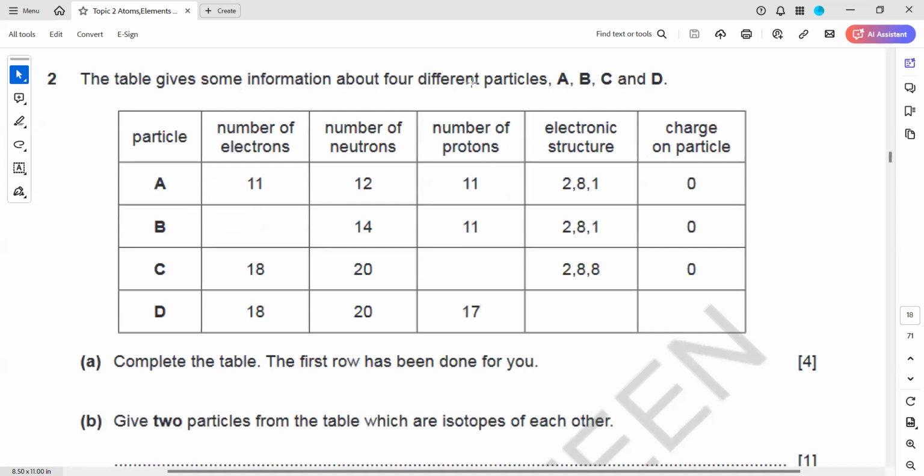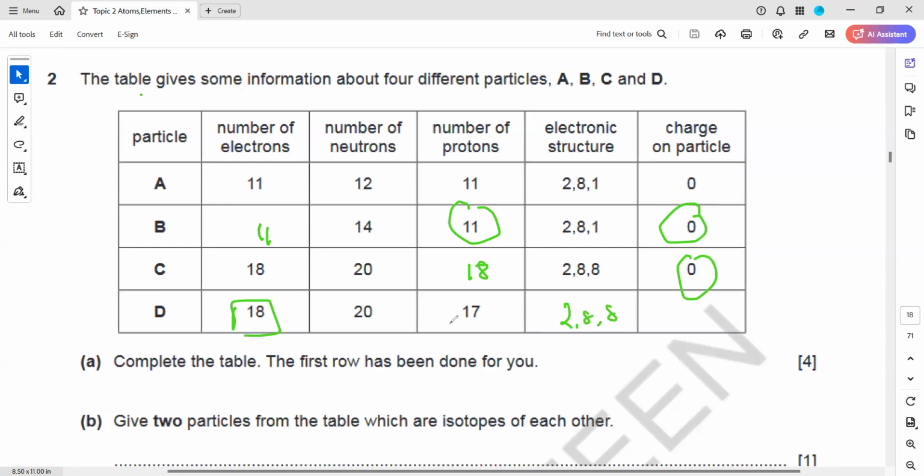The table gives some information about 4 different particles. How many electrons should we have? 11, because it's neutral, so it has an equal number of protons and electrons. This is also neutral, so there should be 18 protons and 18 electrons, configuration 2, 8, 8.